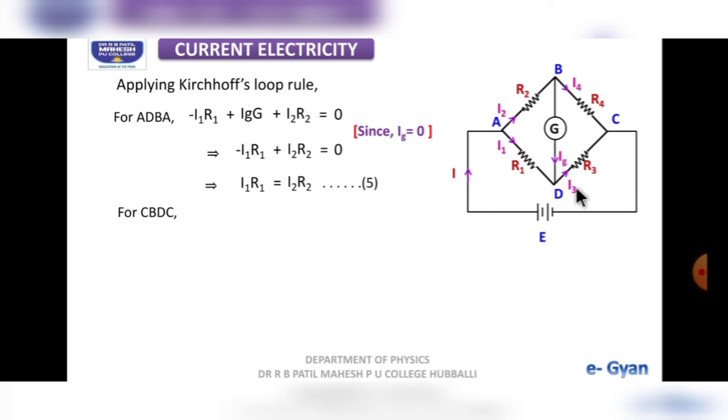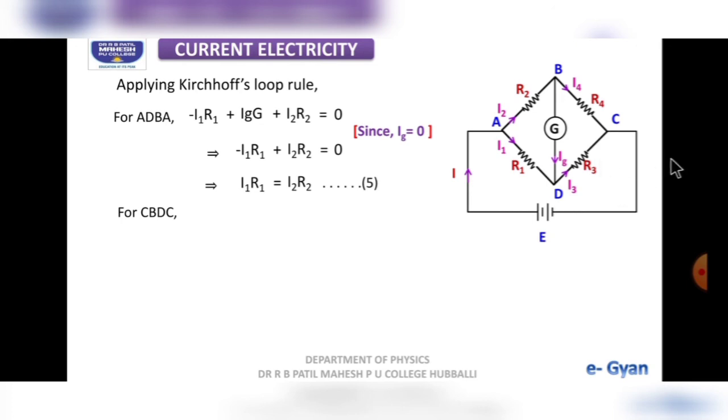For branch BD, the loop is directed from B to D and the current is also flowing from B to D, the same direction, therefore the product of Ig into G is negative. For branch DC, the loop direction is from D to C and the current flows in the same direction, hence the product of I3 into R3 is negative.